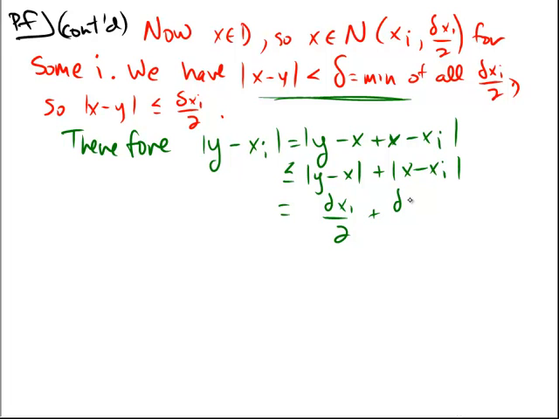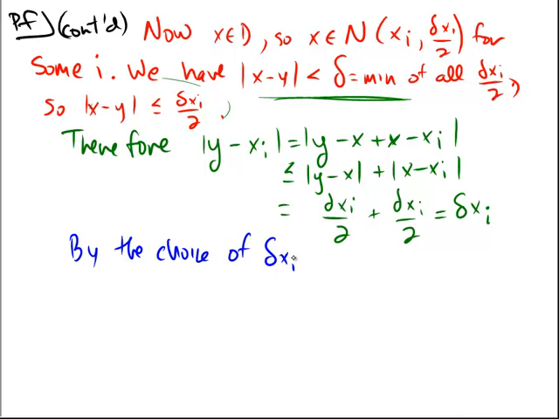And this one is less than delta xi over 2, from the fact that x is in this window around xi in particular. So we're less than delta xi, right? So now by the choice of delta xi, these came from the continuity of the f's.